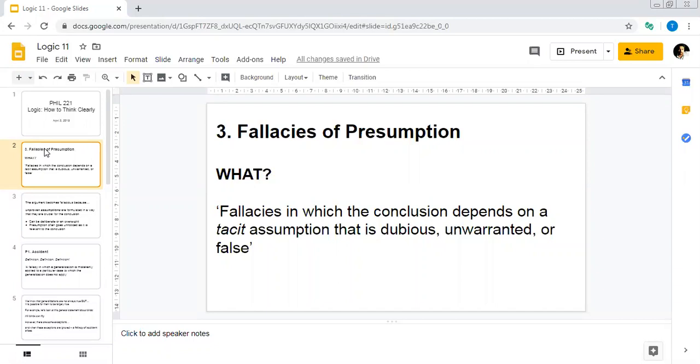That assumption is put in such a way that it doesn't appear that obvious. It is implied. And obviously the problem with this argument, which is why it's a fallacy, is that the assumption is wrong, it's dubious, it's unwarranted, and it's not correct.